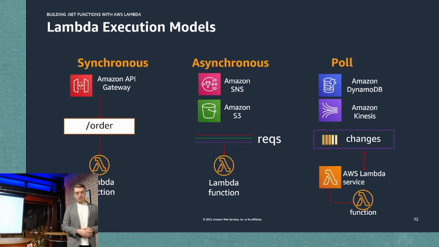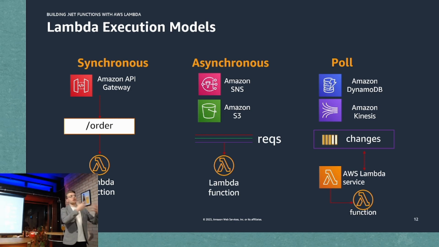And there's a few different ways you can invoke a Lambda function, and we'll just touch on all three of these just briefly. So the first is what's called a synchronous invoke. A synchronous invoke is where something's going to invoke your Lambda function and it's going to sit and wait for a response. So that's how Lambda will work with things like API Gateway, which is AWS's serverless API Gateway service.